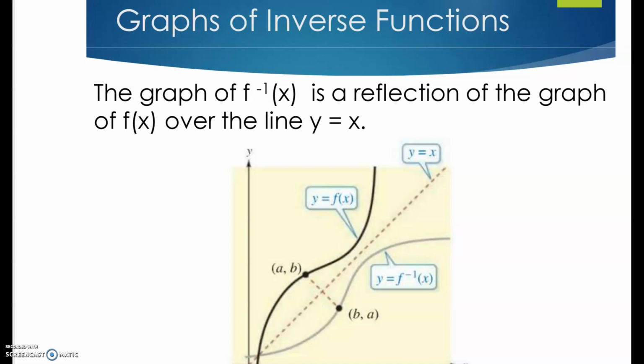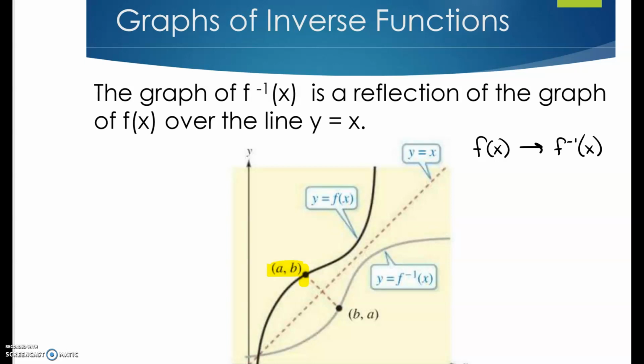Now, if you're asked to sketch the graph of an inverse function or identify the graph of an inverse function, all you have to do is pick a point or two on this graph. This point is (a, b). So I'm going to make a little chart here. So f of x, we're switching it to the inverse.